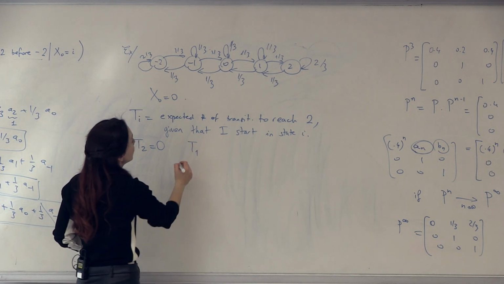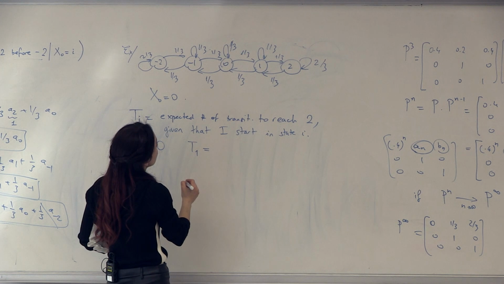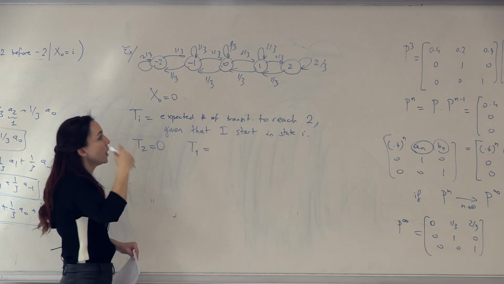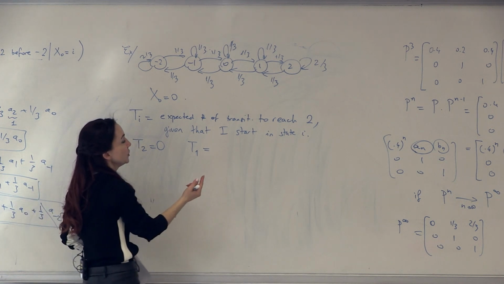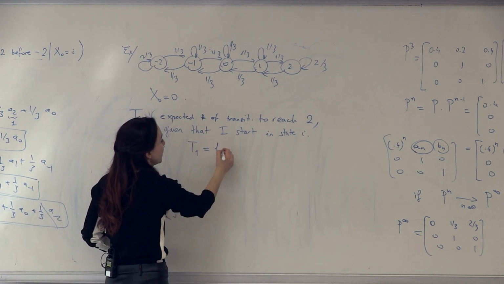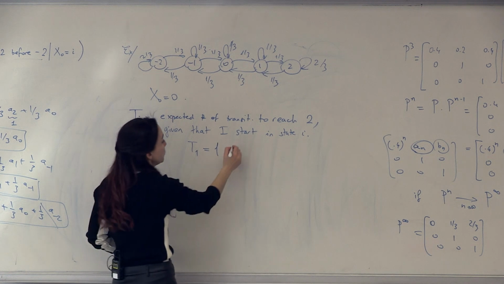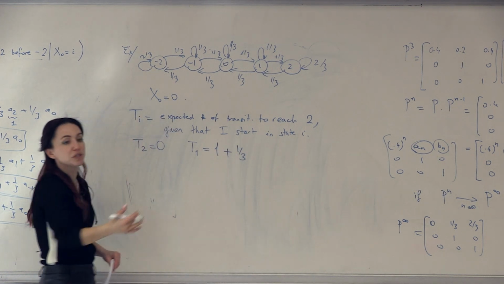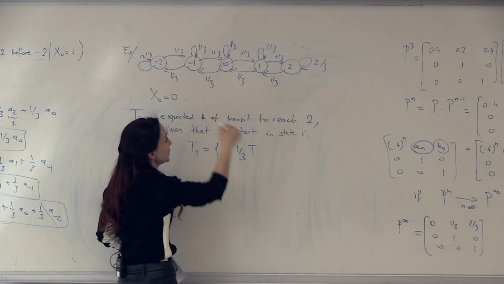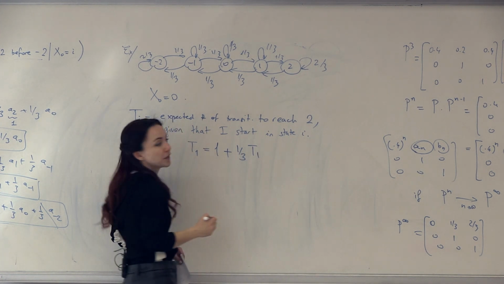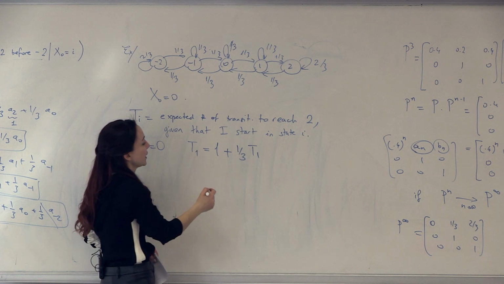What is T1? Well, you have to make one transition first. With probability 1/3, that transition is back to 1, so the remaining expected number of transitions to get to 2 is T1 again.